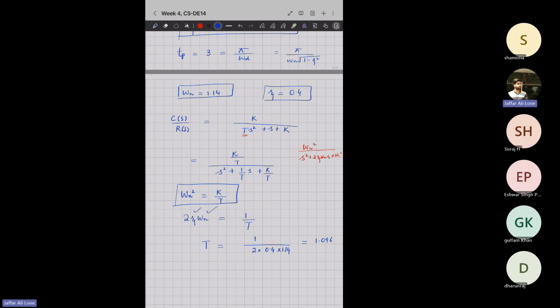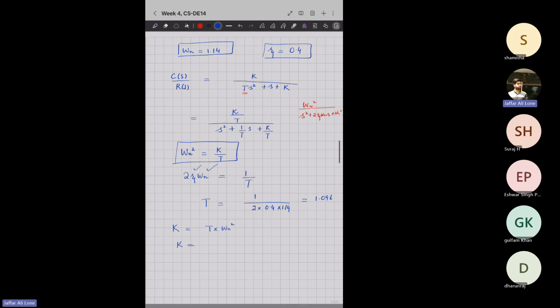When you get the value of T, you can easily find the value of K. My K will be T into omega n square. My K will be equal to 1.4165.